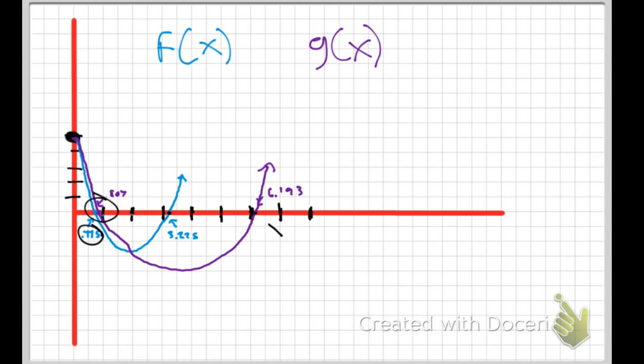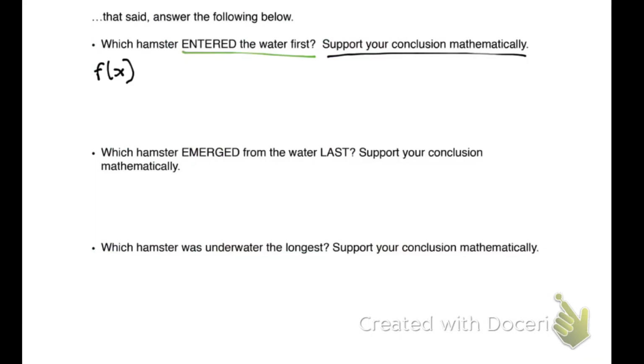So the one to emerge later was g of x, after 6.193 seconds. So g of x. And again, you support your conclusion by showing your x-intercepts for that right side.